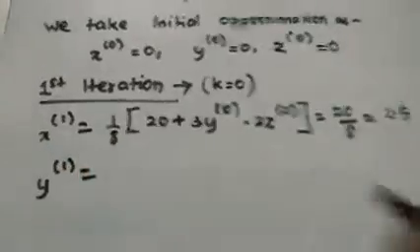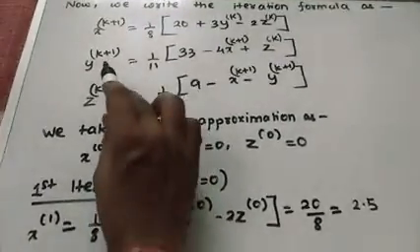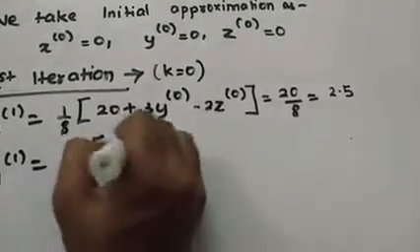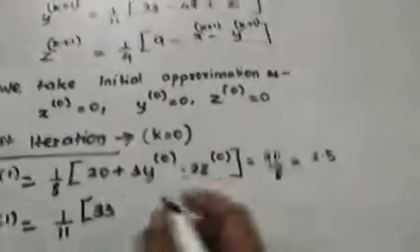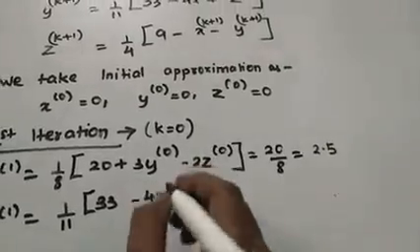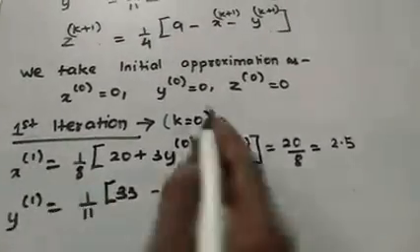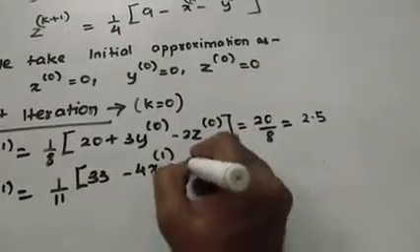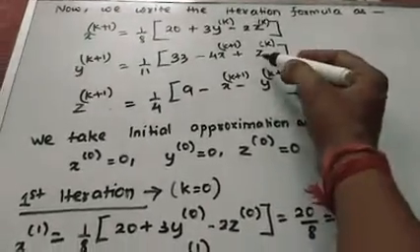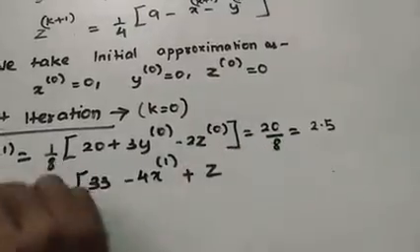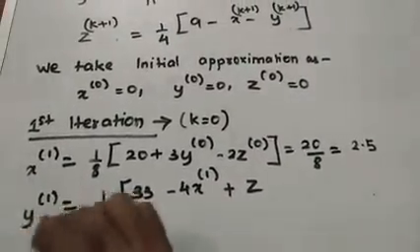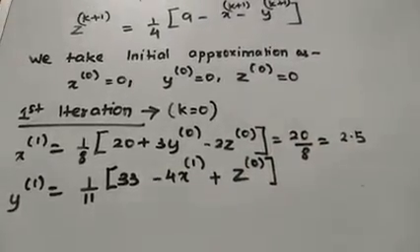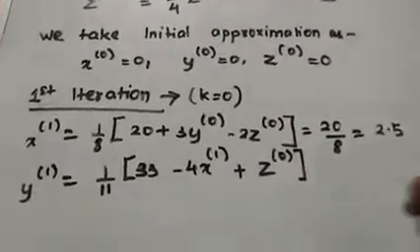Then y1, putting k equals 0. So y1 equals 1 by 11 times 33 minus 4x. For x, we have already found x1, so we will use x1 here, plus z. We don't know any z1 value till now, so we use z0 here. Clear? That is where the changes come.